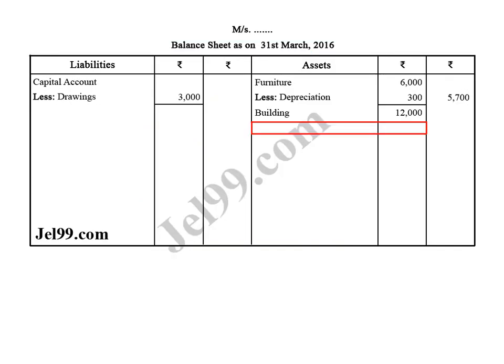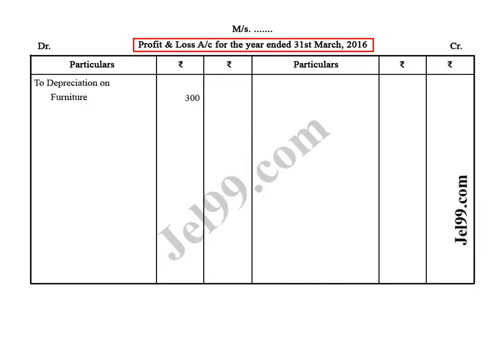Assets side as less depreciation of rupees 1,200, so 12,000 minus 1,200 is equal to 10,800, and the second effect is shown in profit and loss account.